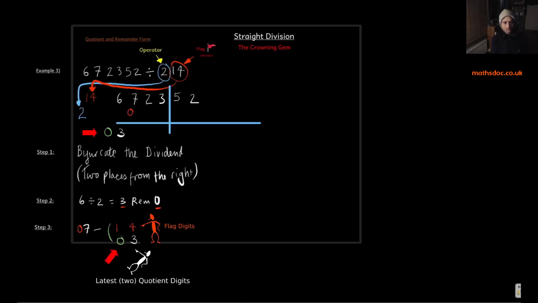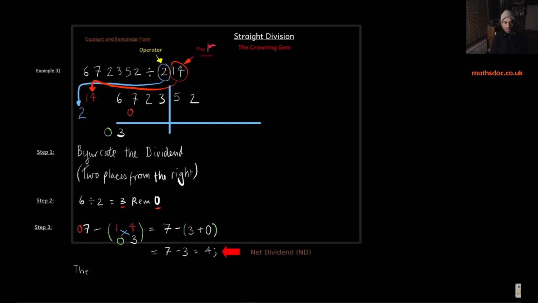Then we cross multiply those digits, and take the result away from the 7. So it's 7 minus, in parentheses, 1 times 3 is 3, and 4 times 0 is 0. So it's 7 minus 3, that is 4, and that is the net dividend.